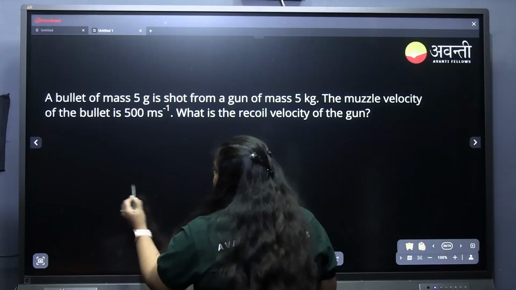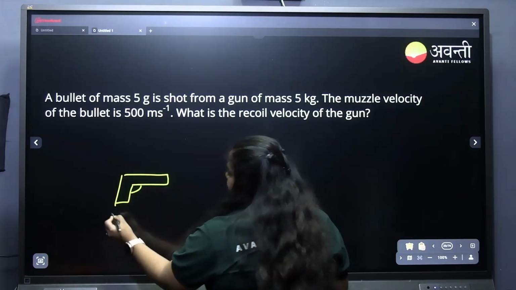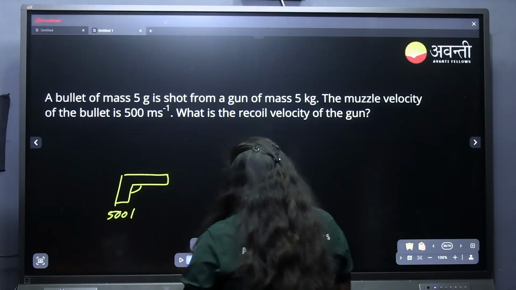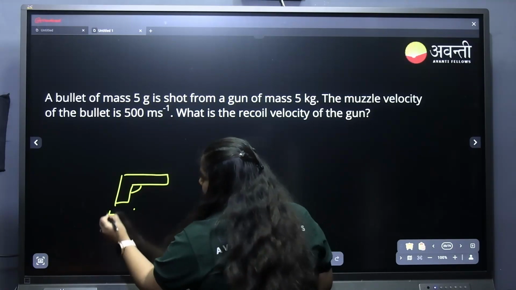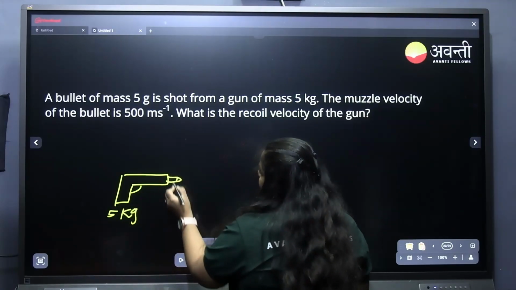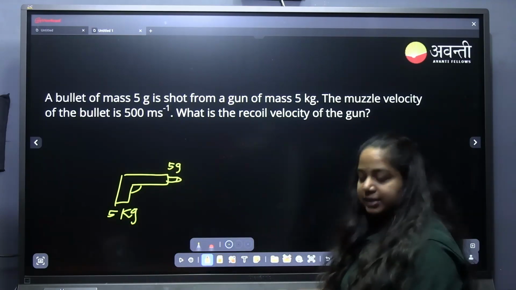So if you think, this is the gun, which has 5 kg, and the bullet which has 5 gram. This is initial.